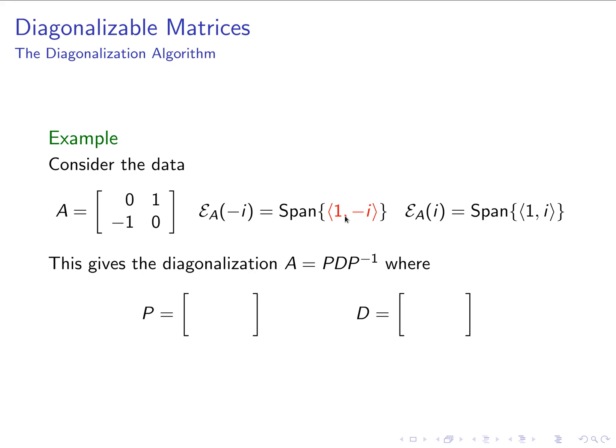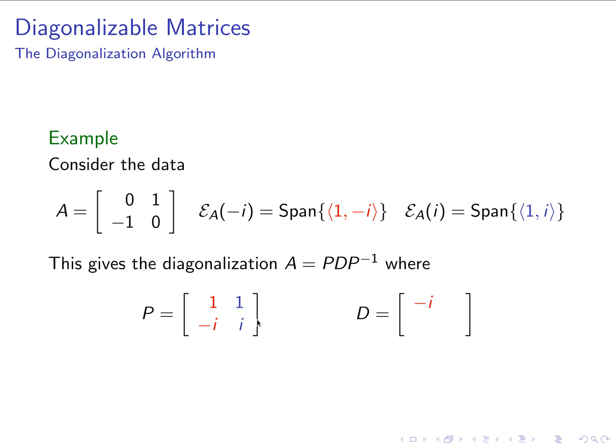So here our first eigenspace is spanned by the single vector (1, -i). So let's put that into the first column of P. The corresponding eigenvalue here was -i, so let's put that into the first diagonal entry of D. That finishes the first eigenspace. Now we proceed to the second eigenspace, which is spanned by the single vector (1, i).